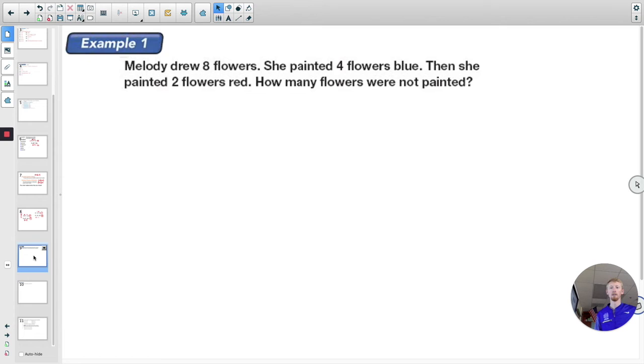Example 1. Melody drew 8 flowers. She painted 4 blue and she painted 2 red. How many flowers were not painted? 8 flowers, 4 were blue, so let's take away 4.